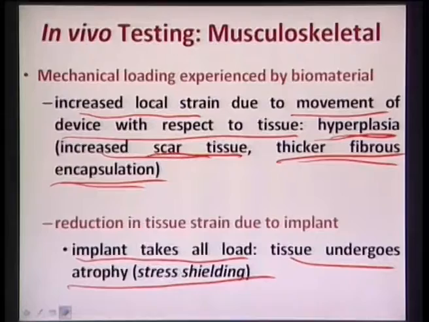The tissue surrounding the implant will undergo atrophy. Atrophy means decrease in cell size, and if this decrease in cell size continuously takes place, then the effect called stress shielding will take place.